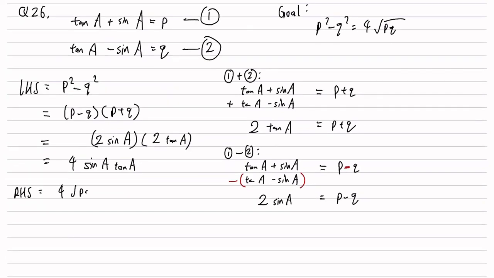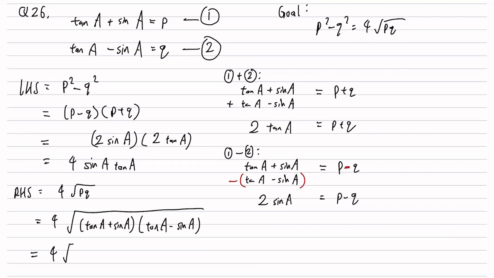So we'll go to the right hand side now, which is 4 times square root PQ. 4 times square root of what's P times Q? You just sub in the P, tan A plus sine A, sub in the Q, tan A minus sine A. Don't forget the square root. So I hope you notice a pattern, A plus B times A minus B. Can you see?